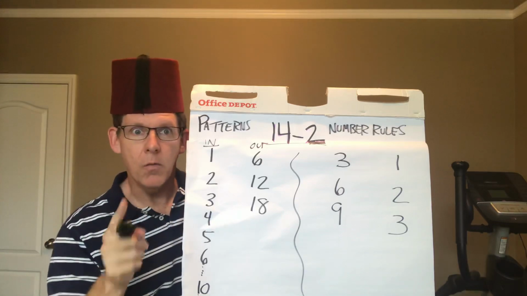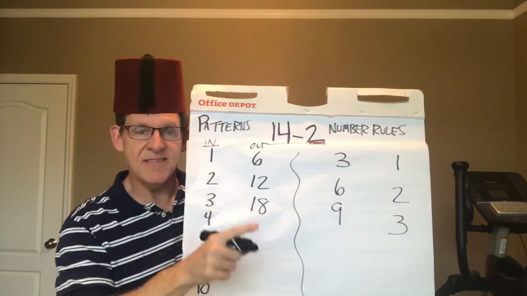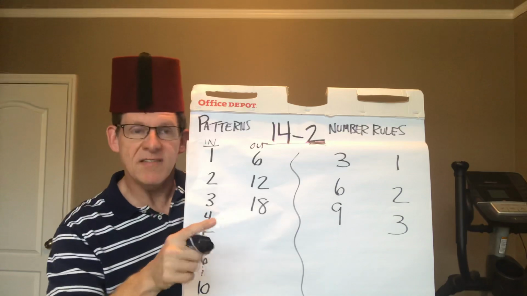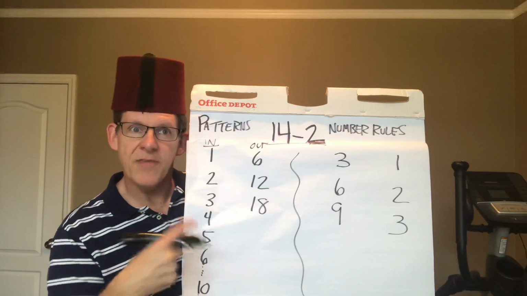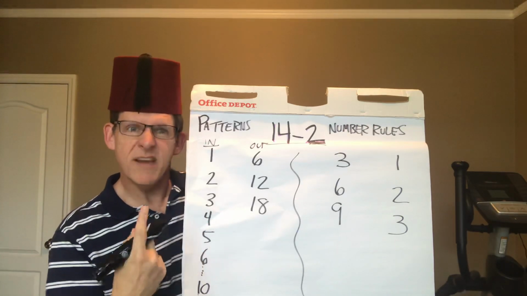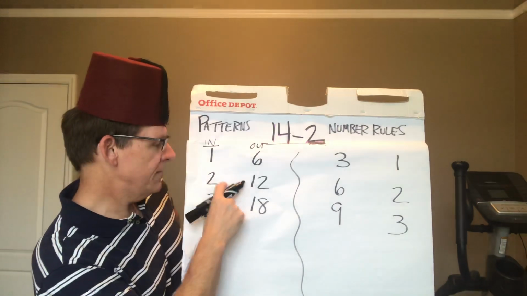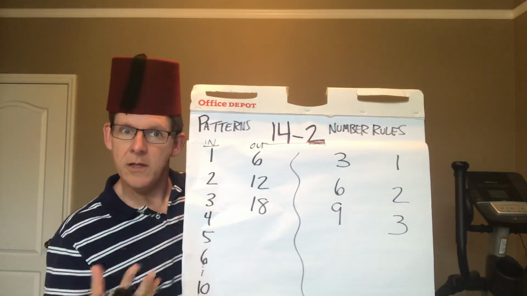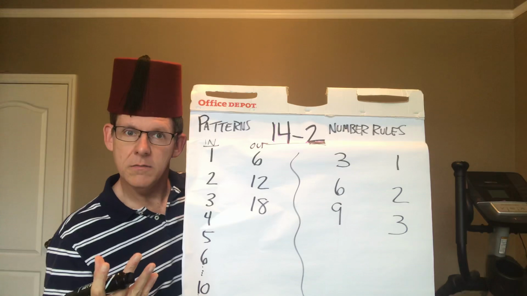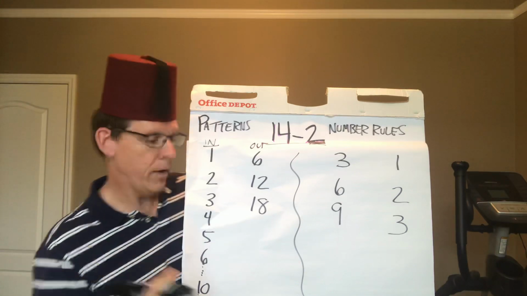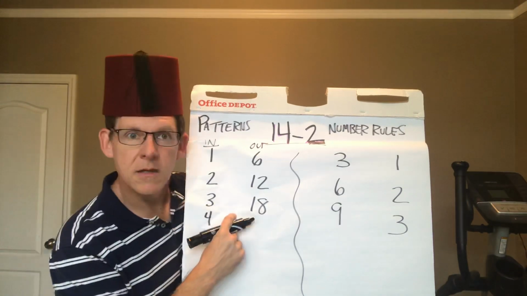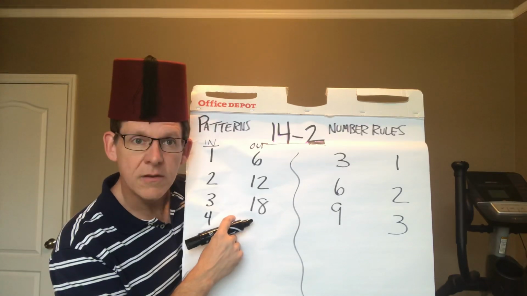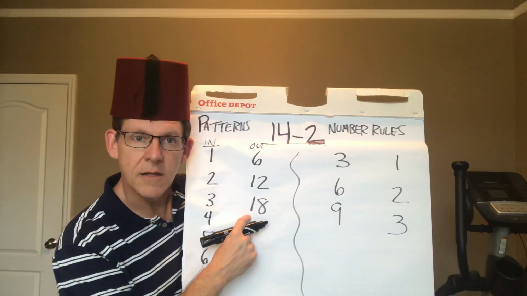Wait a minute. 1 times 6 is 6. Well, let's see if that works also for the second one. 2 times 6 equals 12. Let's see if it works for the third one. 3 times 6 equals 18.